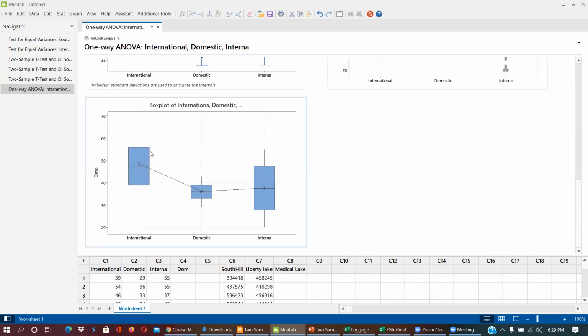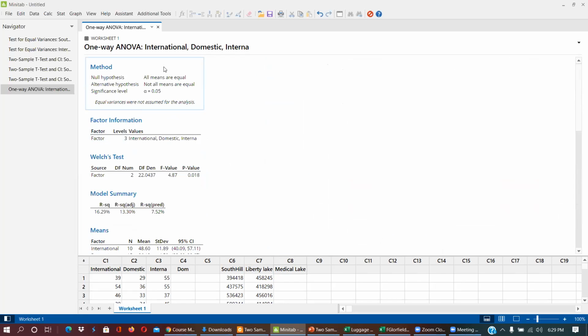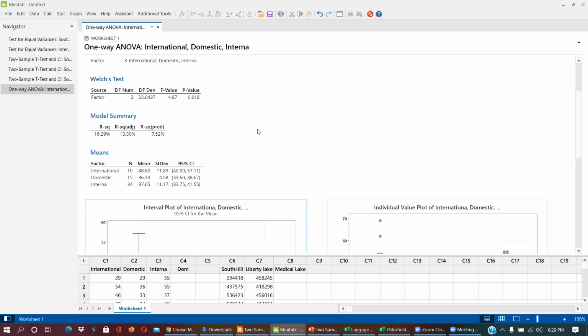This is a box plot of all three. We can clearly understand that this hypothesis is not proven, meaning the null hypothesis, that all means are equal, is rejected, and the alternative is correct: not all means are equal. That means at least one is out of the group, so you can remove that and compare the rest of them.